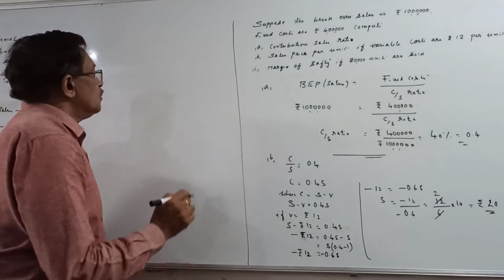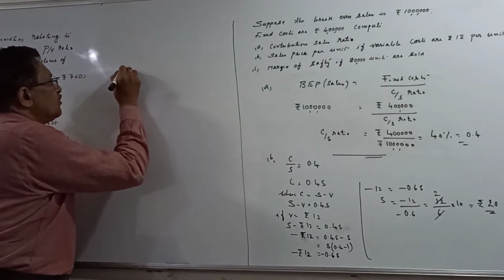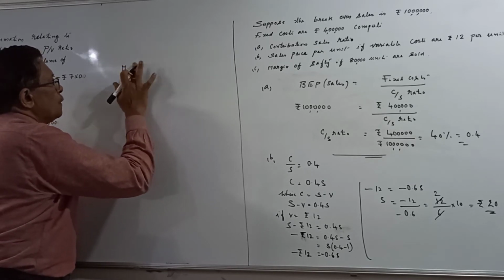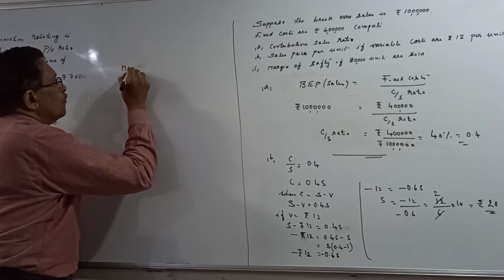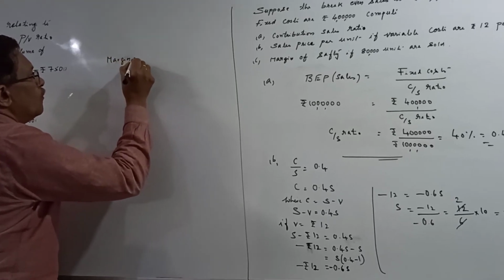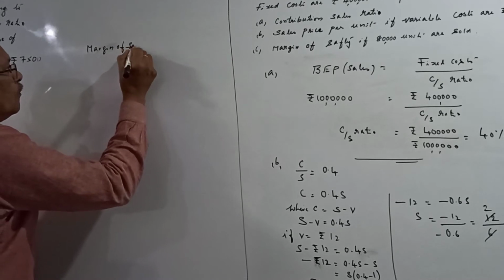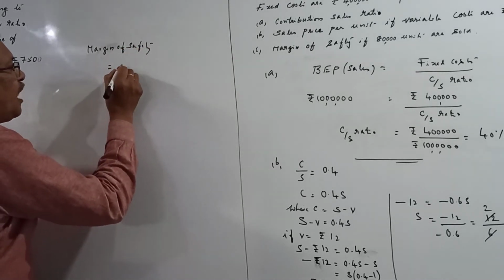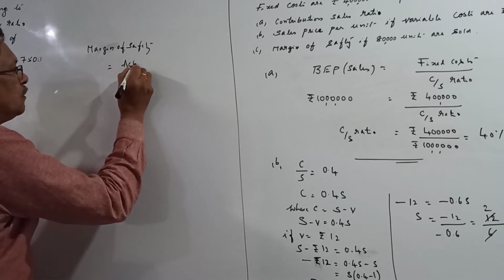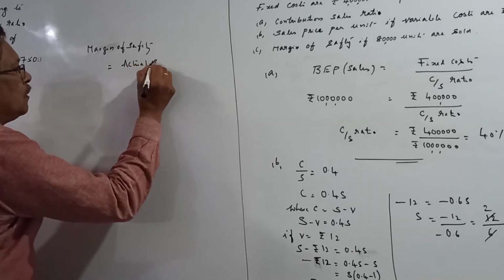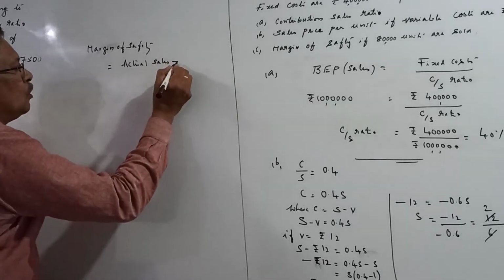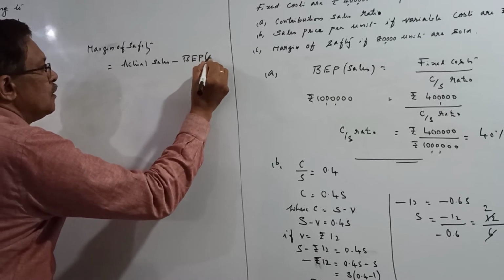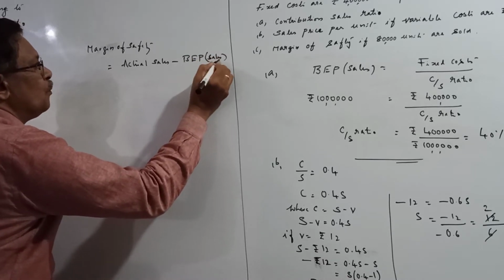We know that the margin of safety is nothing but actual sales value minus break-even point sales value.